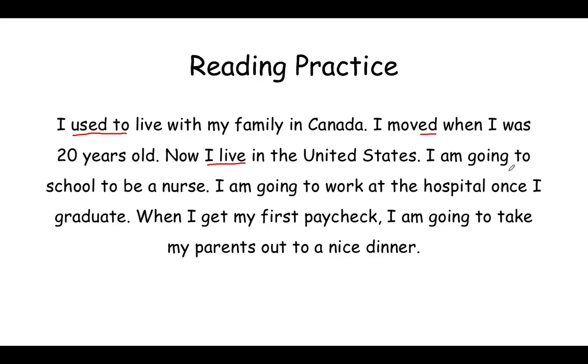I am going to school to be a nurse. So you'll notice that this sentence is set up just like the way we use the future tense. But I'm going to show you why it's different.